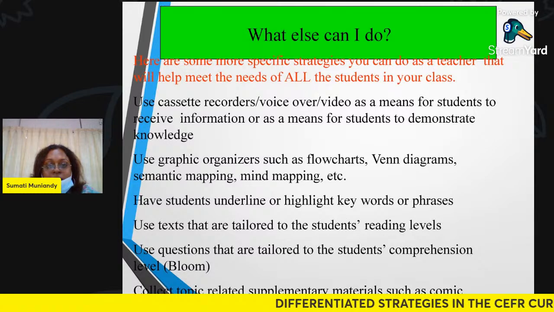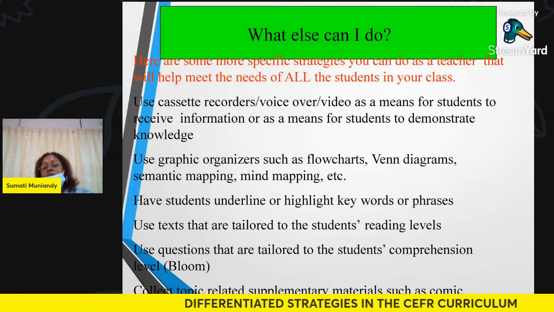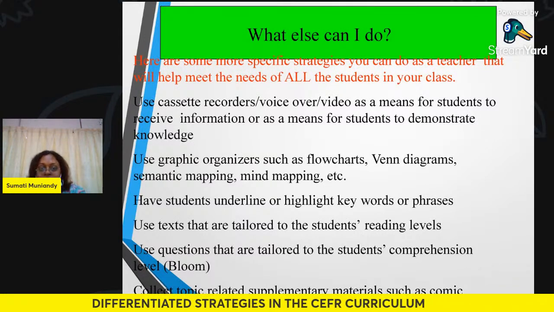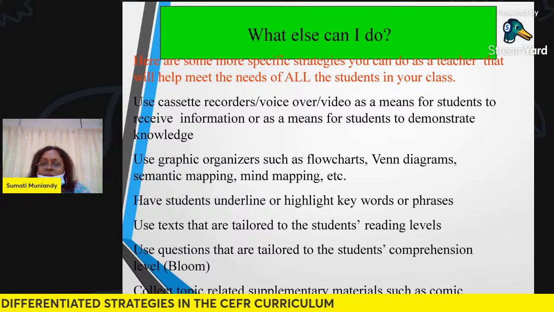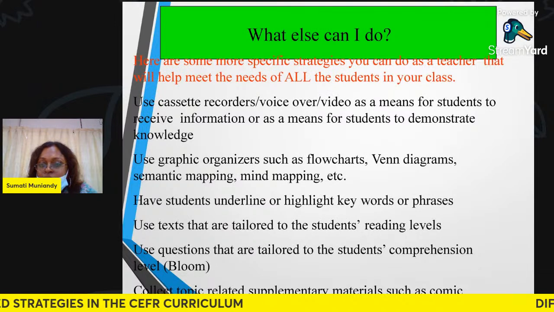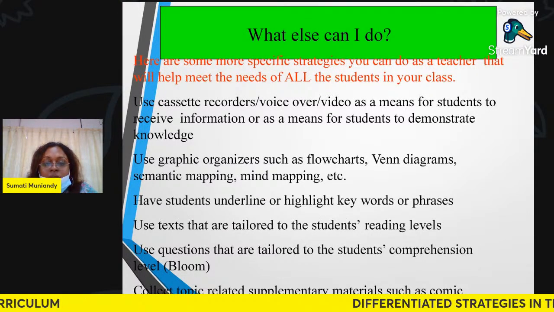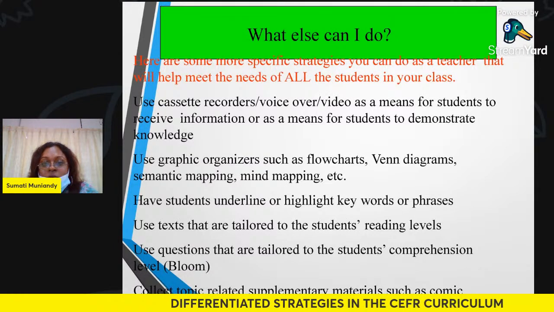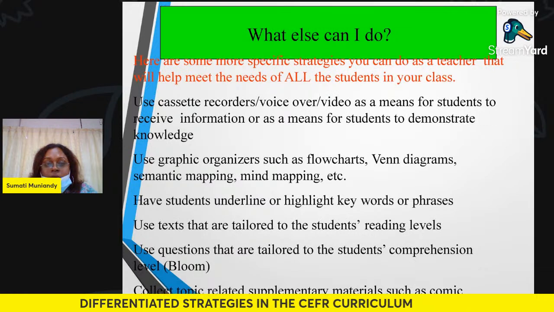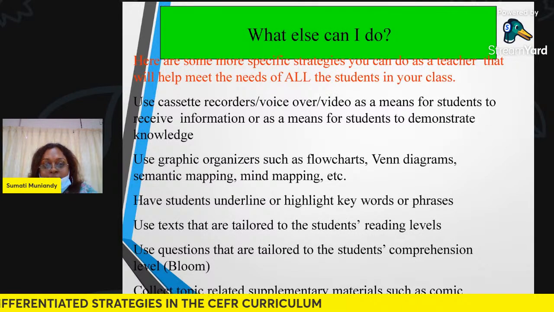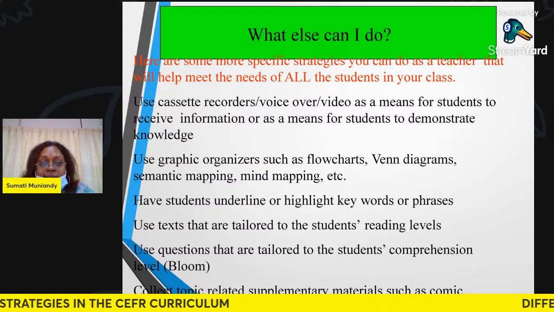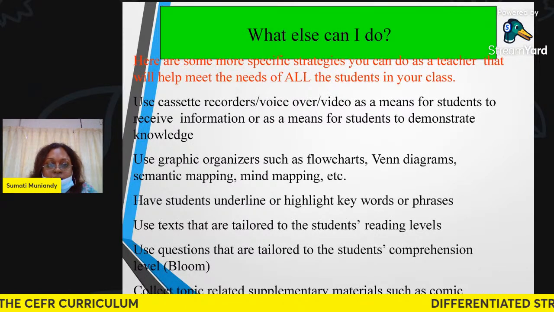Use texts that are tailored to the students' reading levels. Okay, don't use the same text, right, for all the learners. Sometimes, if the text is too difficult, then the student won't be able to grasp it. All right, so you have to see your learners where they stand, and then you use your texts accordingly.